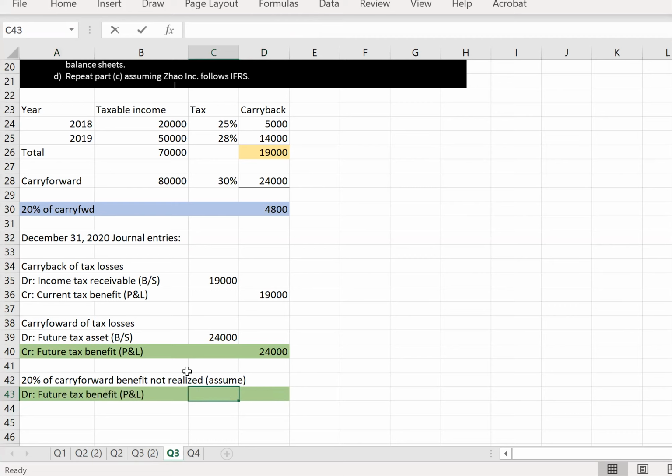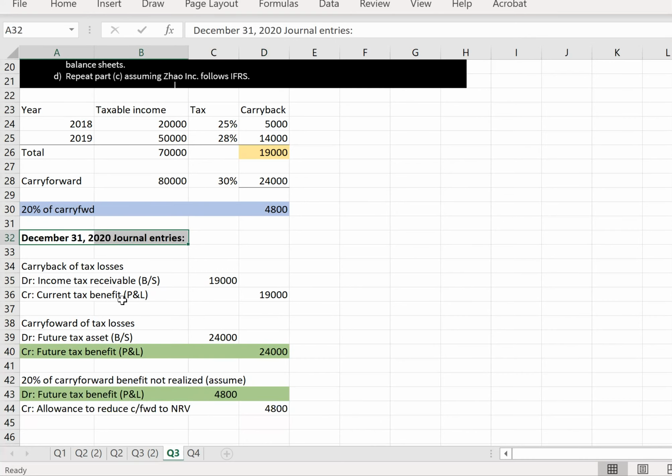And this is going to be our allowance, which is going to be this 4,800. And our credit is going to be allowance to reduce carry forward to net realizable value. And that's going to be 4,800 as well. And that completes all of our journal entries for 2020.